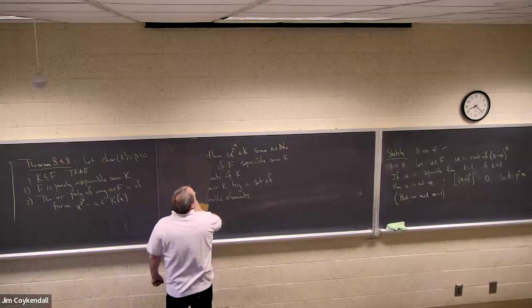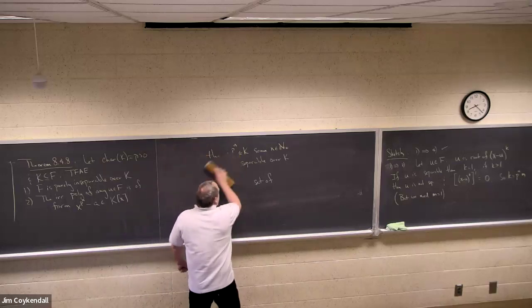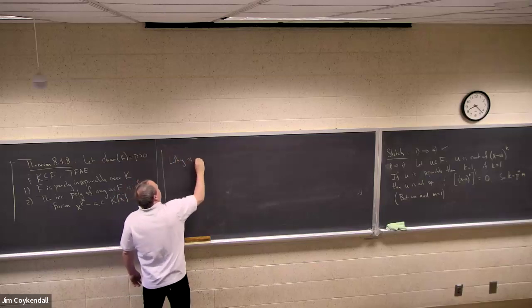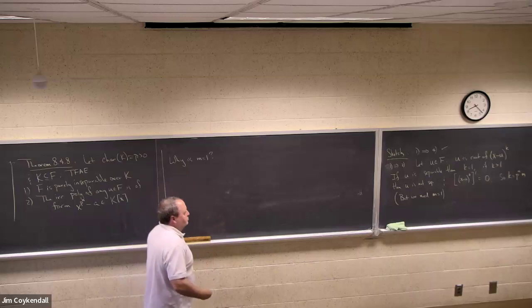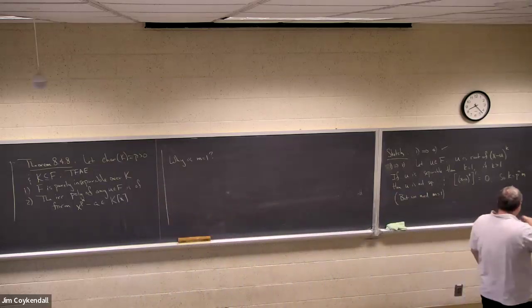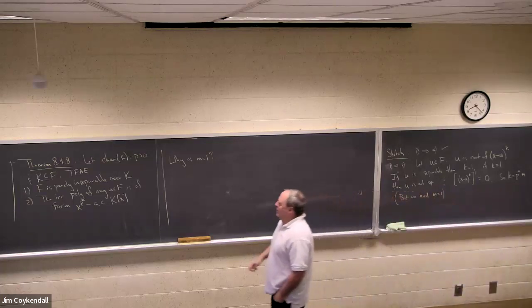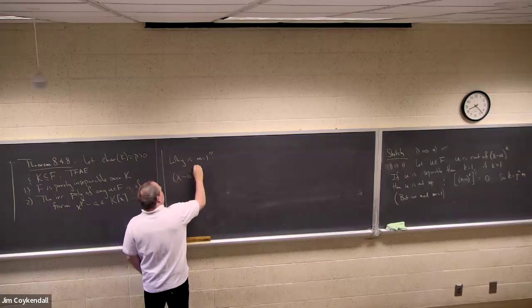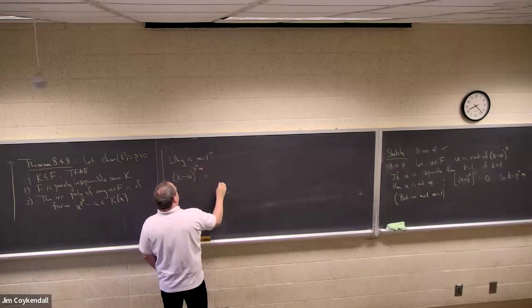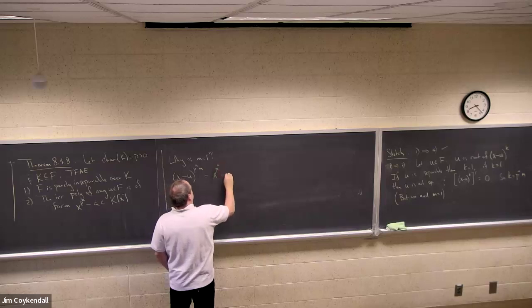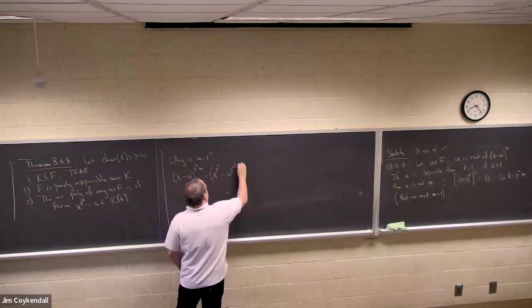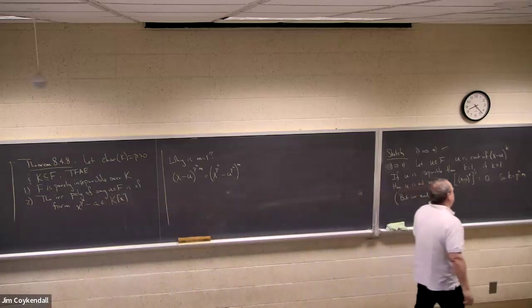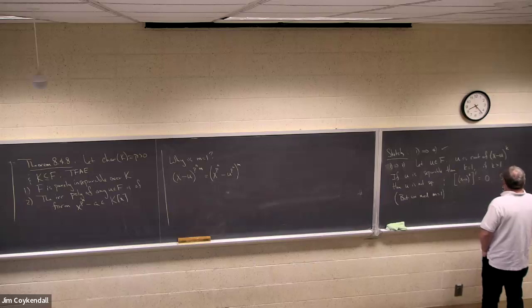So, suppose you have x minus u, let's say, to the P to the A times M. And let's actually assume here the GCD of P and M is 1.